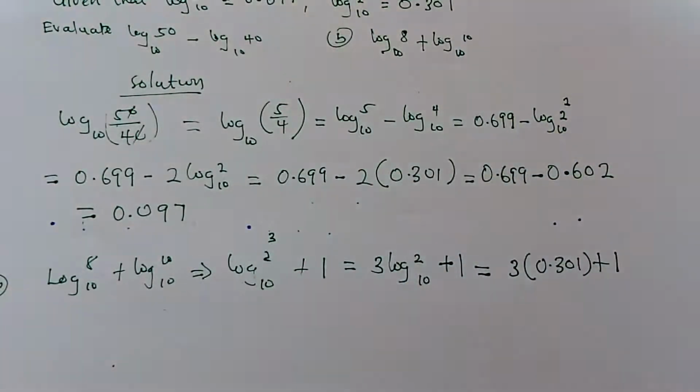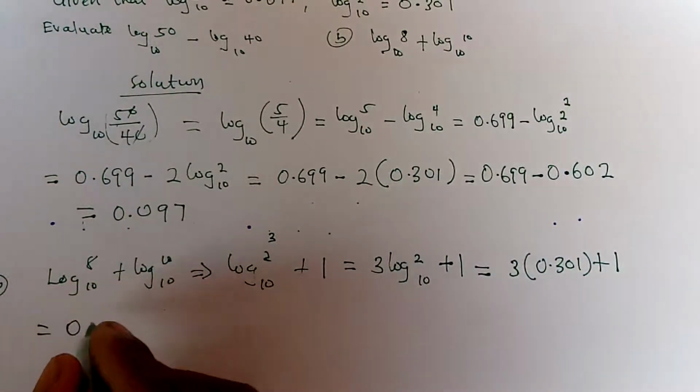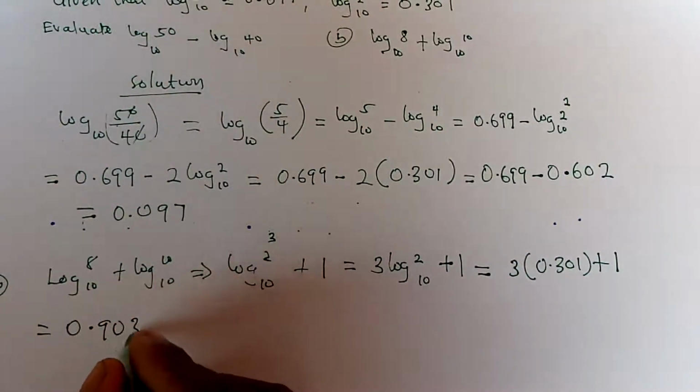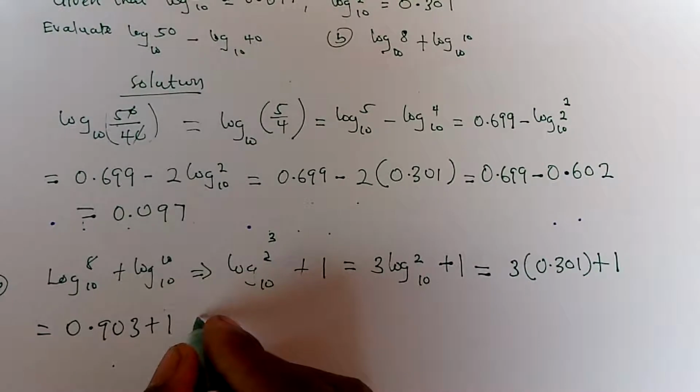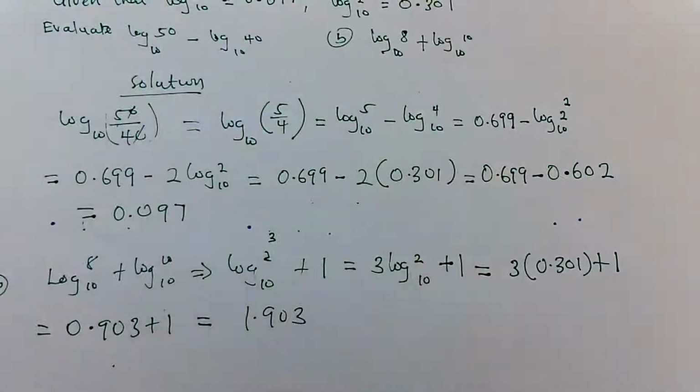Then 3 multiplied by 0.301 will get us 0.903. So we now have 0.903 plus 1, and it will give us 1.903. So basically, this is how these questions can be solved.